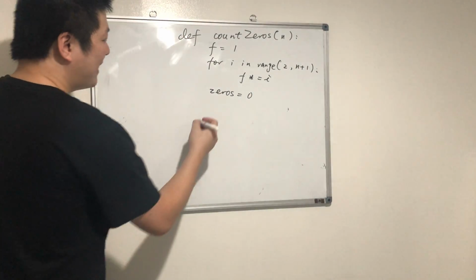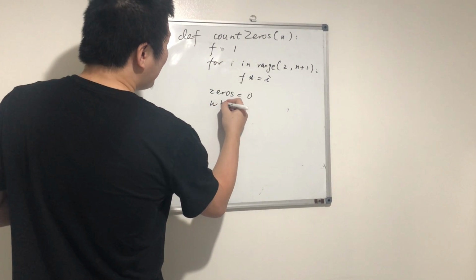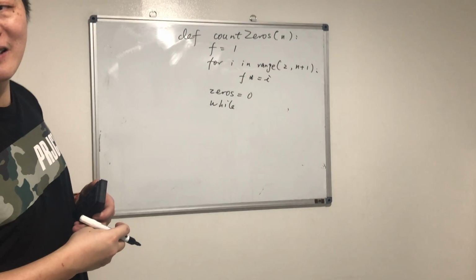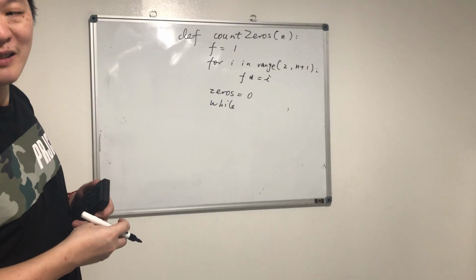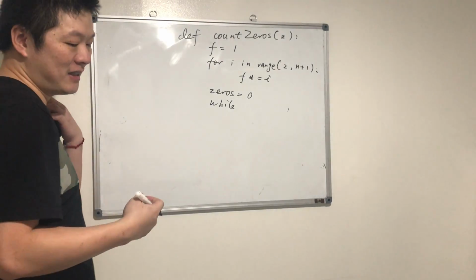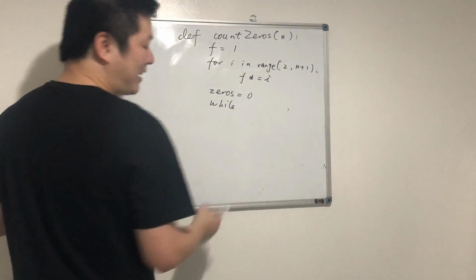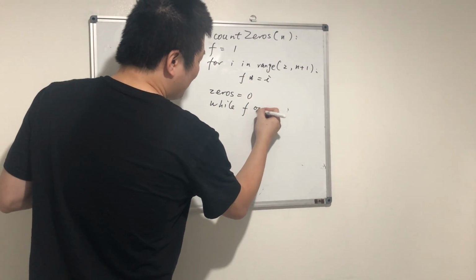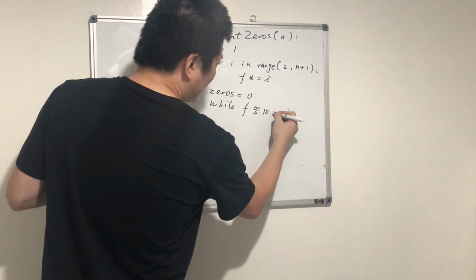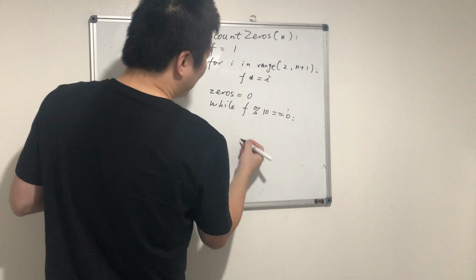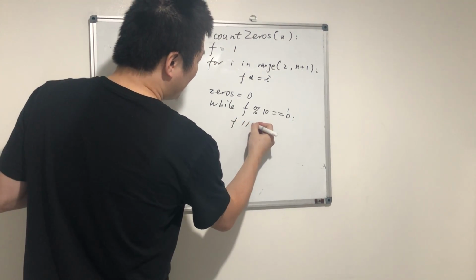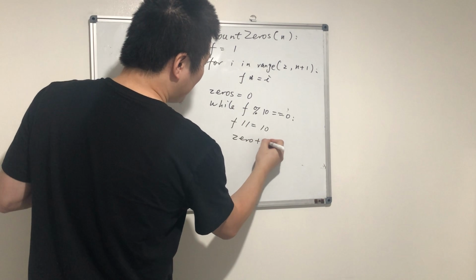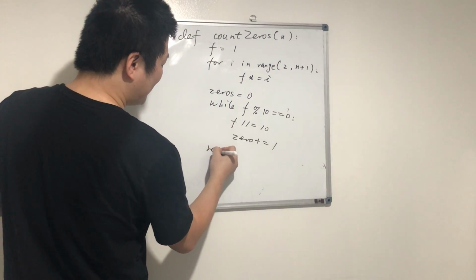Then, while f modulus 10 is 0, f divided equals 10, which removes one zero, and zeros plus equals 1. And then return zeros. Am I right?